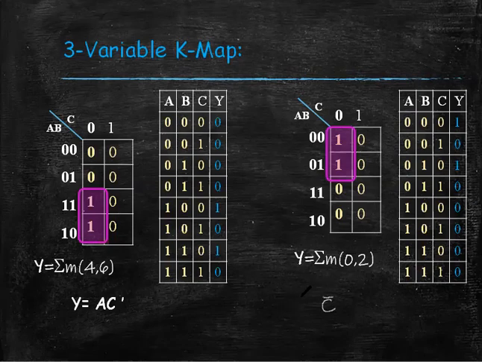When we move downward, in this column C bar is constant, and here 0 0 is changed to 0 1. Then B bar is changed to B. Okay, then A bar remains unchanged.